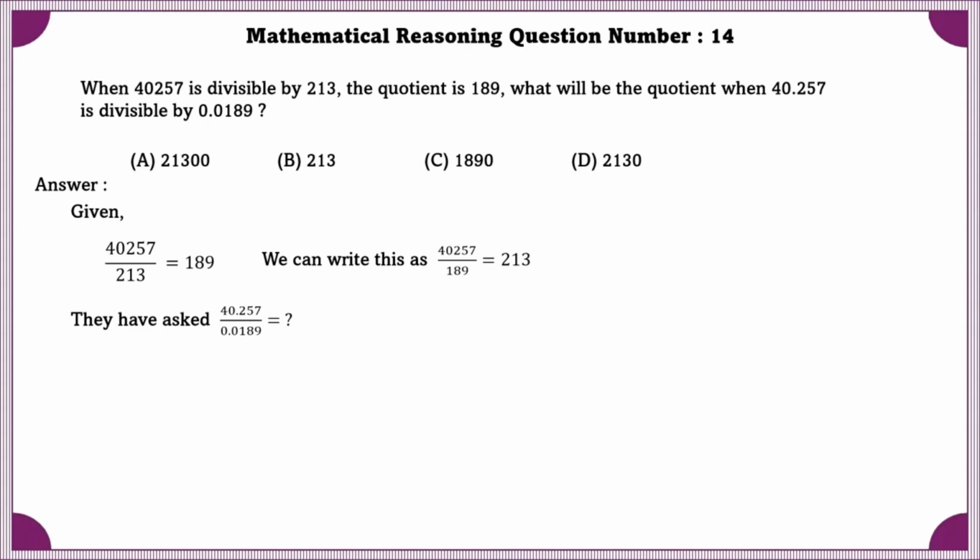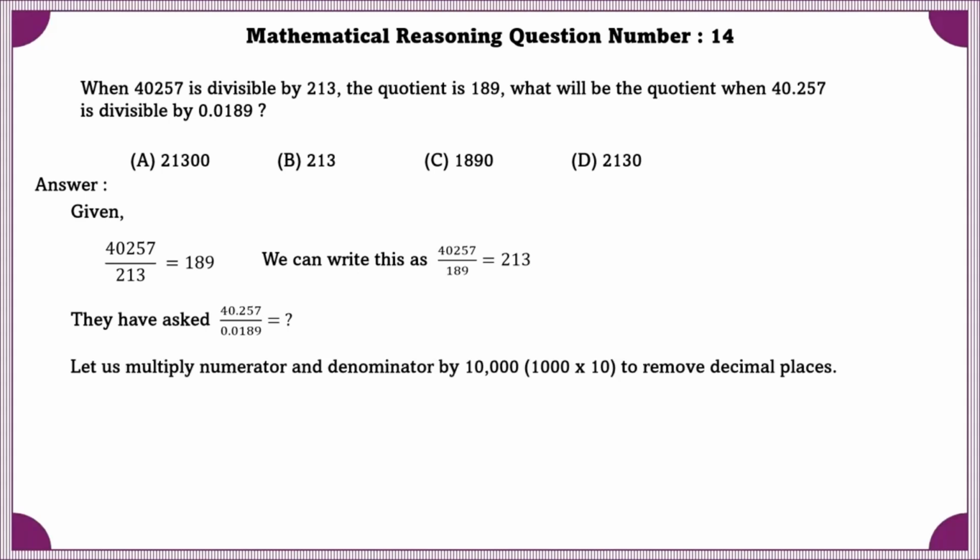They have asked what will be the answer when 40.257 by 0.0189 is divided. Let us multiply numerator and denominator by 10,000 to remove the decimal places. Here we're splitting 10,000 into 1000 and 10 because in the numerator, if we multiply by 1000, we will remove all the decimal places. But since we have to multiply the denominator by 10,000, we also have to multiply the numerator by 10,000.